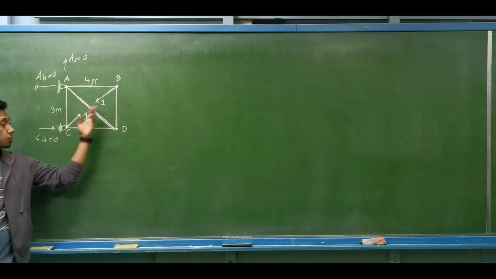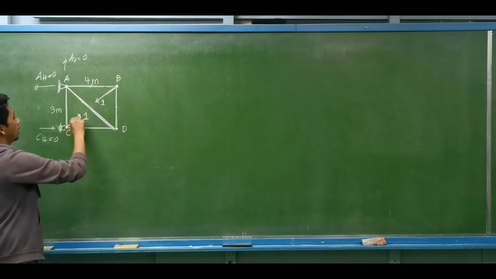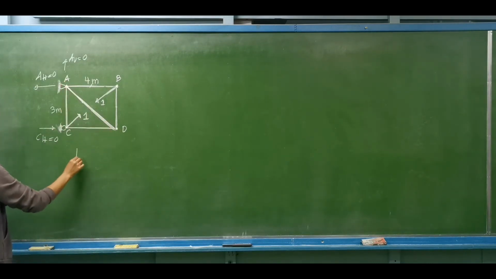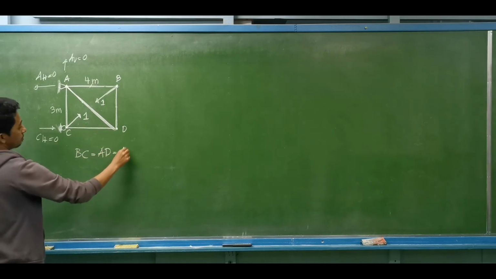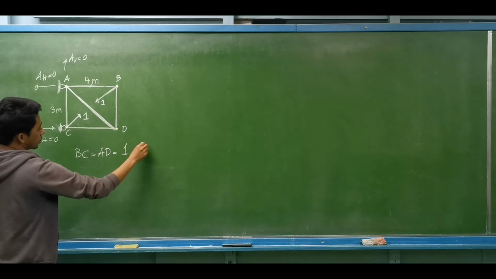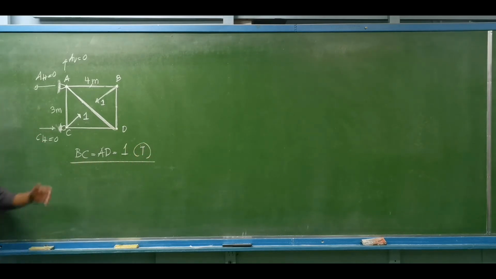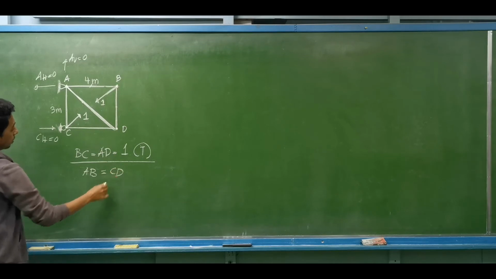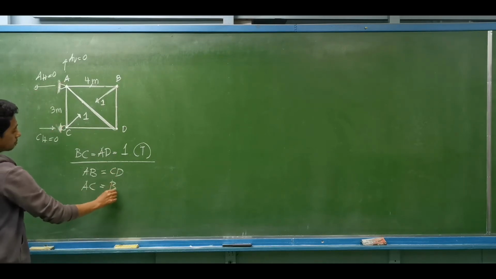I think this is a bit obvious. We have 1 kilonewton as a diagonal member, so BC is similar to member AD, the same as 1 kilonewton, and this is expected to be under tension. In the same way, member AB is similar to member CD, and member AC is similar to member BD.